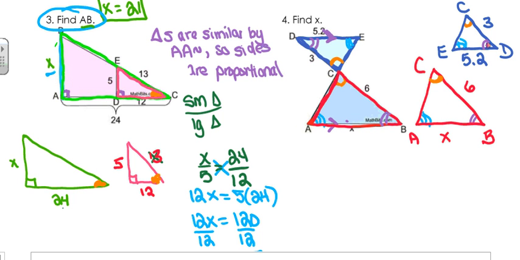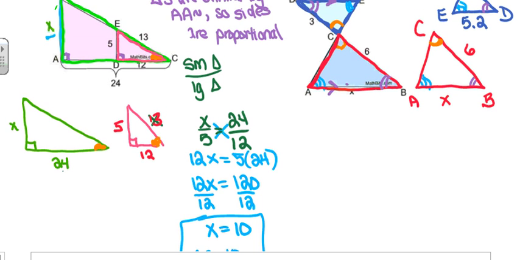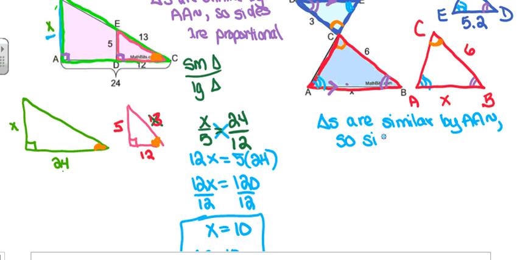I know these triangles are similar because not just two pairs of angles, but in fact all three pairs of angles are congruent. So these triangles are similar by angle-angle similarity. And because these triangles are similar by angle-angle similarity, the sides have to be proportional.